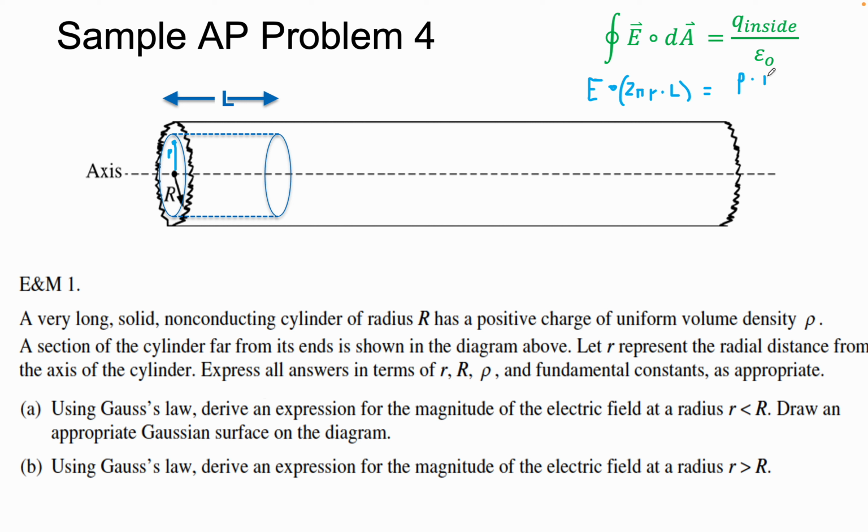Times pi r squared times length, all over epsilon naught.